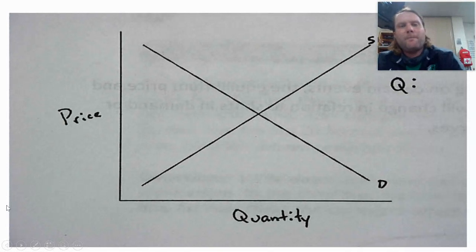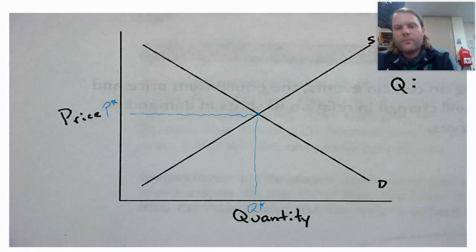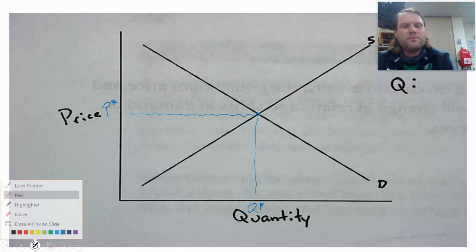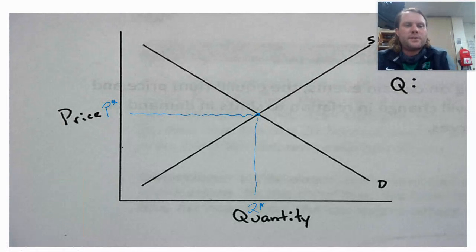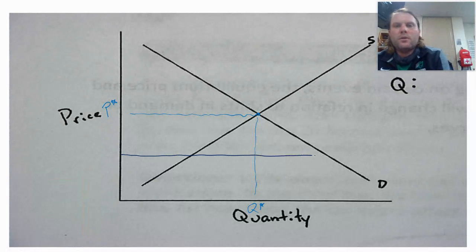Again, we're going to set a maximum price. For whatever reason, here's our equilibrium price. This is what our market would set it at. This is what our market would set as the quantity. But we're going to set this maximum price, this price ceiling, down below the equilibrium price.